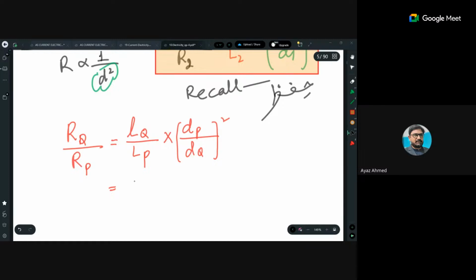So what will you have? Length of wire Q is 5L. And what about the length of wire P?